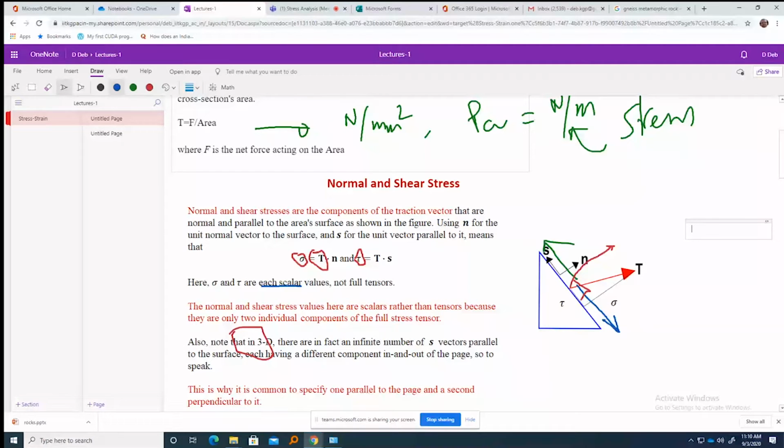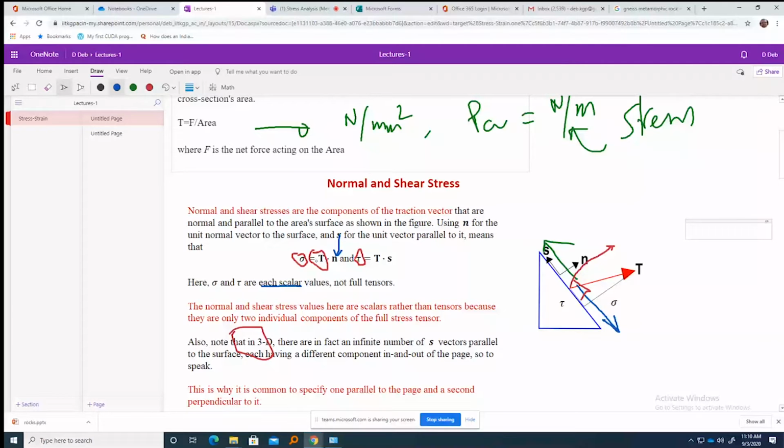One is called normal stress, which is normal to the plane, and another is shear stress, which is along the plane. So by definition then, if this vector n changes, you see T remains as it is, but the stresses will also change.